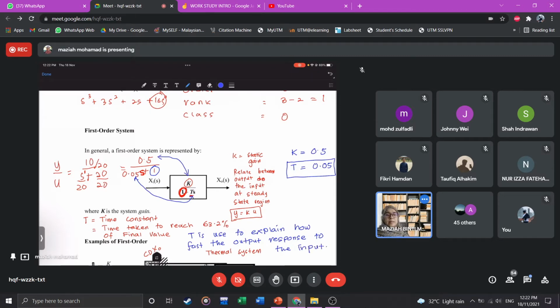T explains how fast the system will respond after we apply the input. How fast is the response, the behavior of the system, after we apply the input?